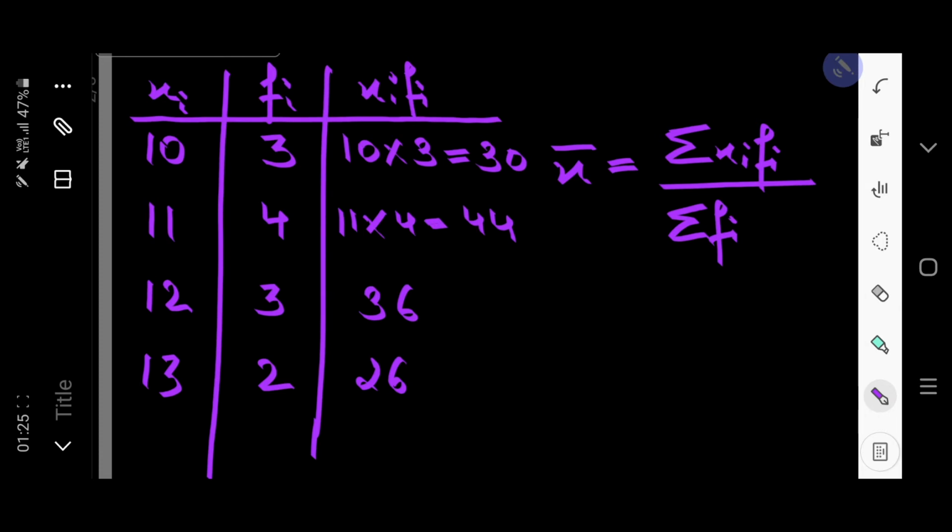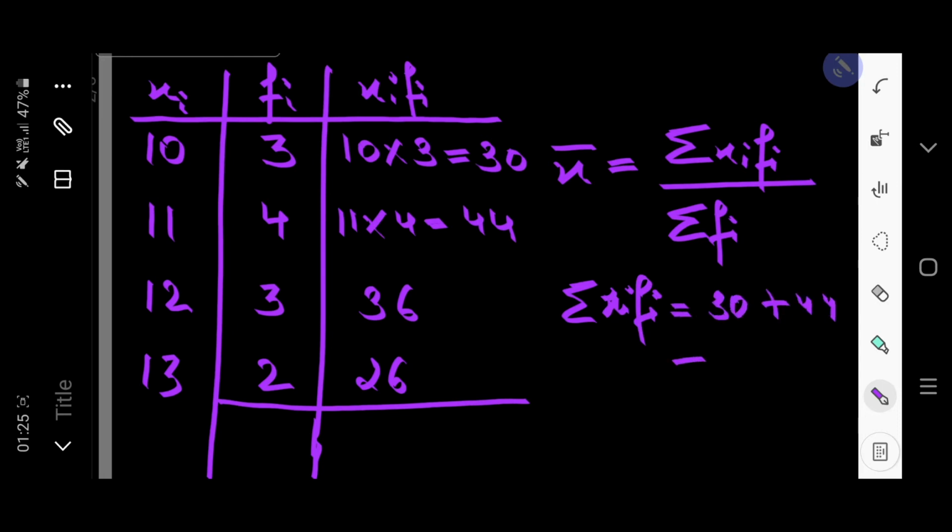Now we have to find sigma xi fi, the summation of xi fi, which means the sum of all the values of xi fi. So here we will just add these values. Sigma xi fi would be 30 plus 44 plus 36 plus 26, which is 136.